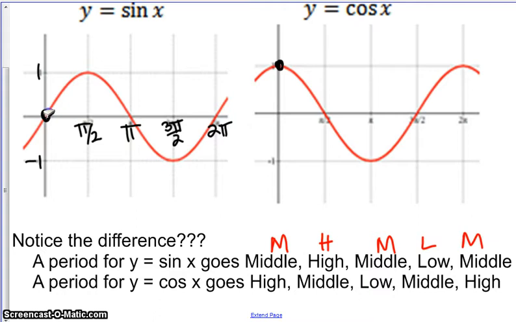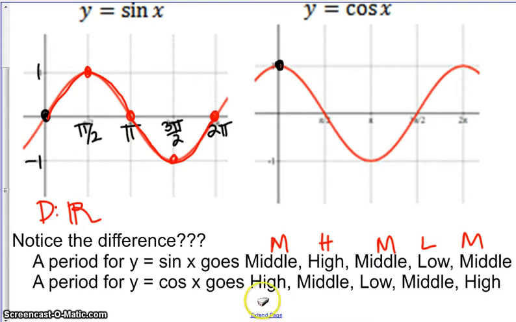So, again, that's middle, high, middle, low, middle. As we connect those points, that creates one period or one cycle of the sine graph. Notice it continues. We would go back up to the high, then back to the middle, back low, back middle. Same thing for the direction to the left. We would just continue that cycle, making our domain all real numbers because it continues both left and right.